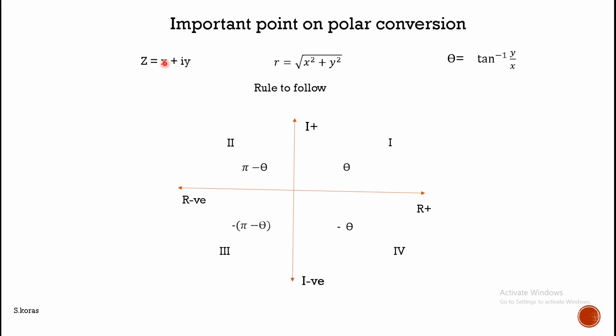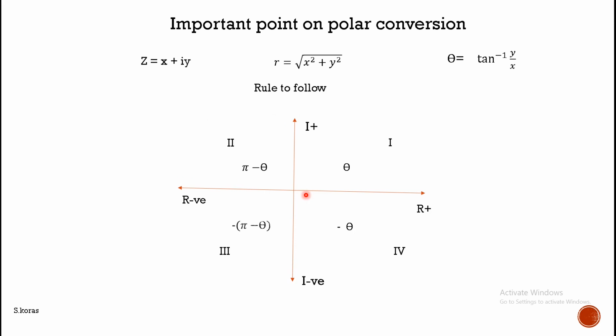In case the sign of real part is positive as well as the imaginary part is also positive, then it lies in the first quadrant, because if real is positive and imaginary is positive, then surely that complex number will be lying in this first quadrant. In case the real value is negative and imaginary value is positive, then surely it will be lying in this quadrant.